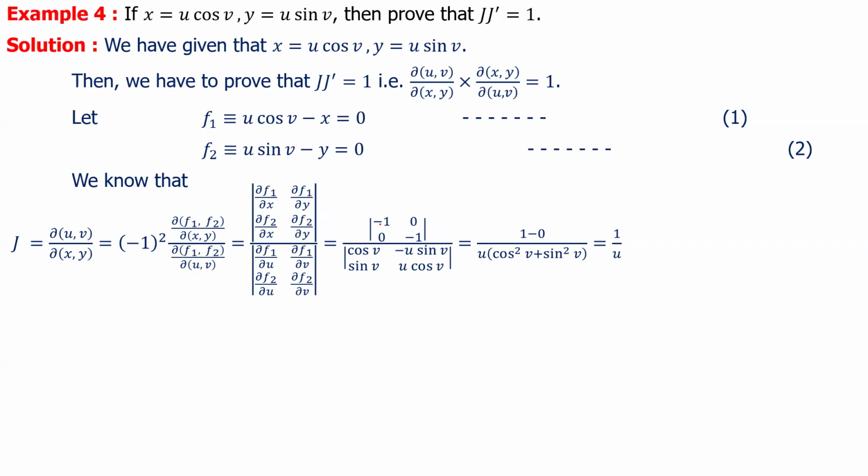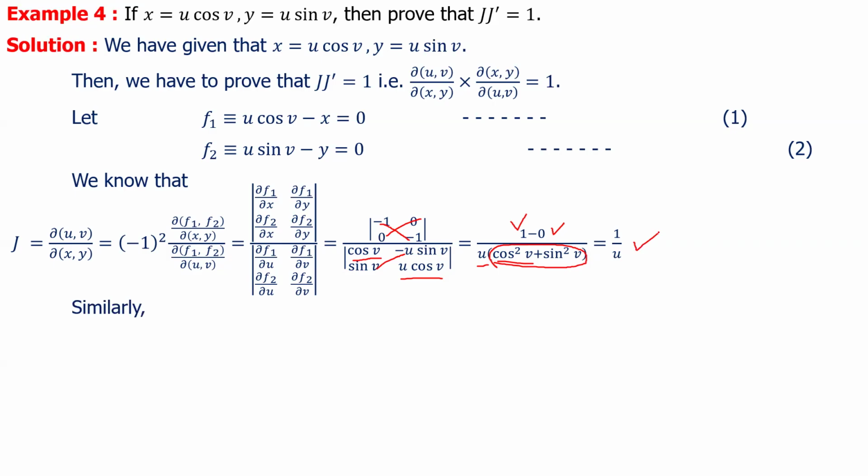Let us simplify it. Minus 1 into minus 1 is 1, minus 0 into 0 is 0. And similarly, cos v into u cos v is u times cos square v. Minus of minus will become plus. U we have taken already outside, sin square v. So we know that cos square v plus sin square v is equal to 1. So the answer is 1 upon u.